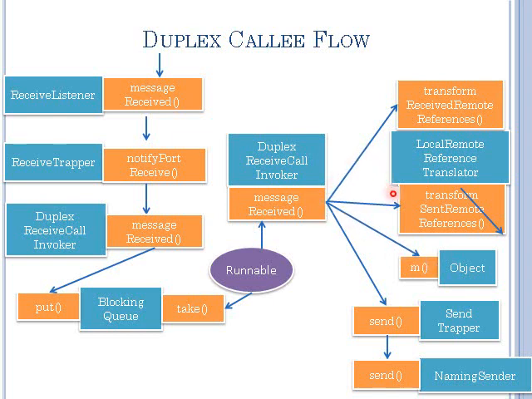The first one was transforming the received reference. Now it transforms the return value and sends it to the send trapper. What's that line on the far right? A line that shouldn't have existed.